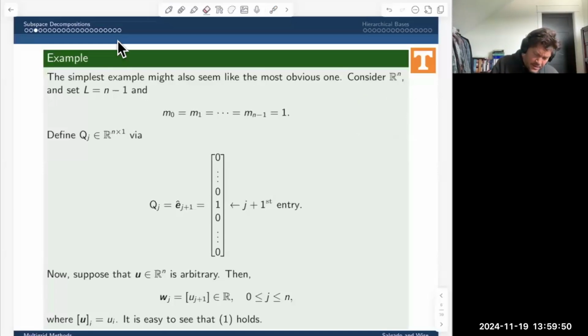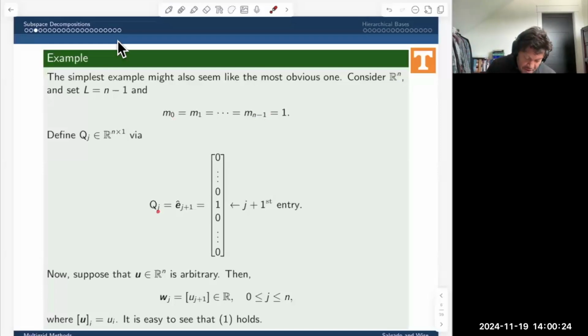So what I'm going to do is set up these Q matrices. They're just going to simply pick out one element of the vector u ultimately that I want to use. So for each j, remember, j starts at 0, and it's going to go up to L equals n minus 1. n is the dimension of the parent space that I want to break apart.